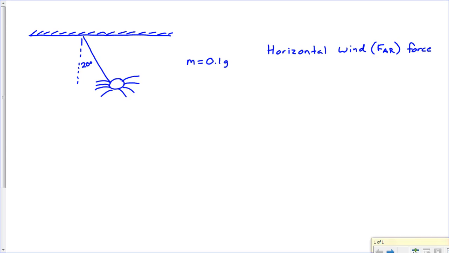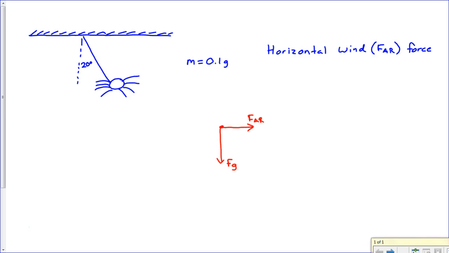But I'm going to go ahead and just go through it here. So the things we've got, gravity is going to be going down, so we've got Fg going down, and then we've got that wind, that air resistance, blowing it off to the right. The evidence that this force is going right is that the spider's off center, so it would make sense that if the spider's sitting off there to the right, the air is blowing to the right.